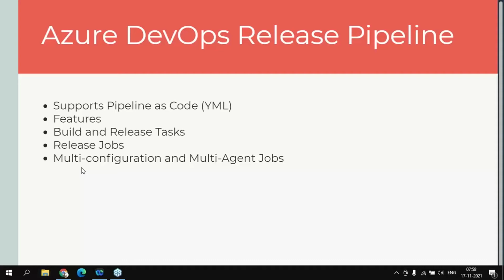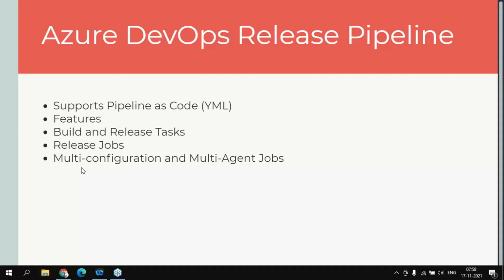But the next one is multi agent jobs. For example, you are running 1,000 tests for testing your application. If you run all the 1,000 in one stretch on any one agent machine, it will definitely take 5 minutes, 10 minutes, based on the complexity of the test cases. If there is no dependency between the test cases, you can equally split the 1,000 test cases across two different agent machines.